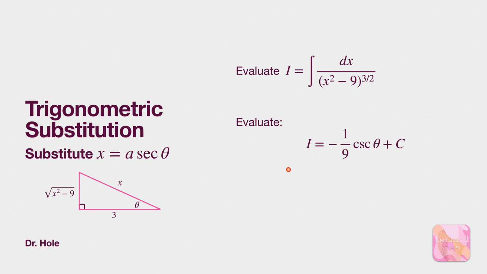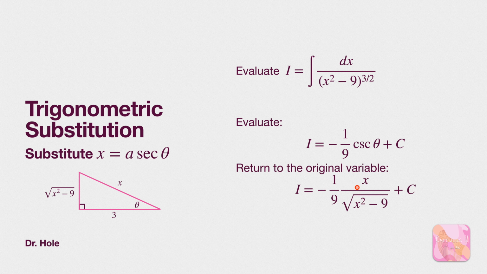And then use the right triangle definition for cosecant of theta to come up with x over the square root of x squared minus 9. Fantastic.